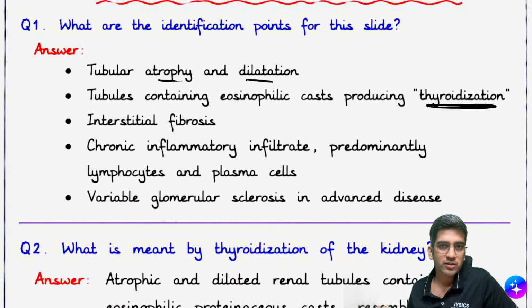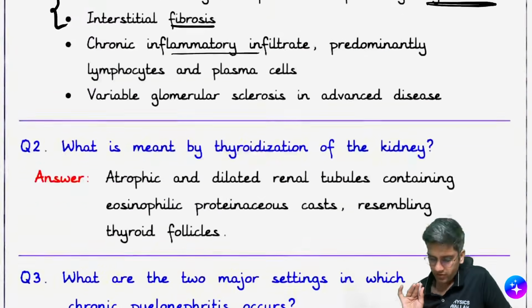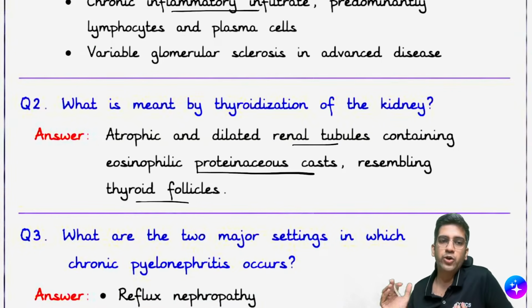So I call it thyroidization. It's chronic, will have fibrosis for sure. Tissue destruction and healing by fibrosis is by default for chronic, right? And obviously, I can have infiltration of lymphocytes and plasma cells in the interstitium, but these two are more important for me for diagnosis, right? Thyroidization will have atrophic renal tubules, and the eosinophilic proteinaceous casts look like a thyroid follicle, so we call it thyroidization of tubules.